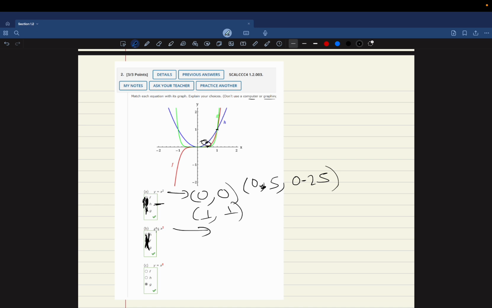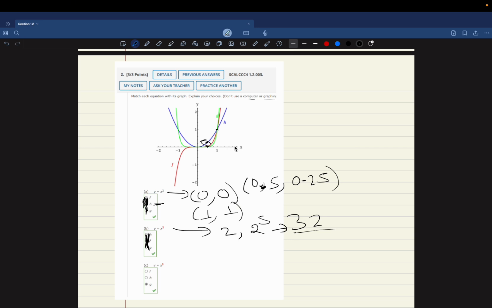Now let's do the same for this. So if we add 1, then all of them will pass through 1, but if we add 2, so let's say x is 2, and then y has to be a significantly larger amount, 2 to the power 5, which is 32. So let's see 32, so let's try to plug in.